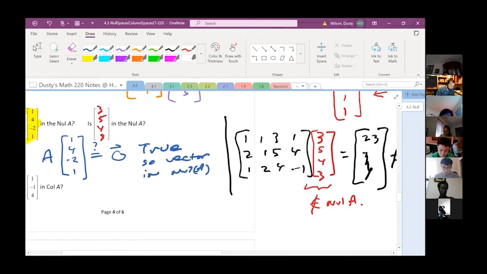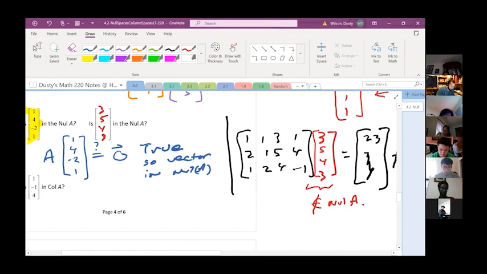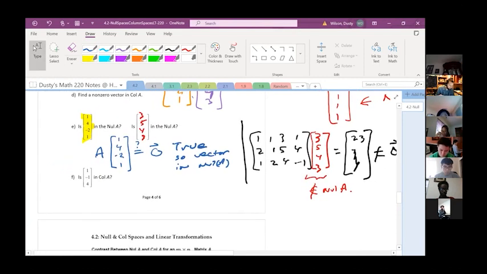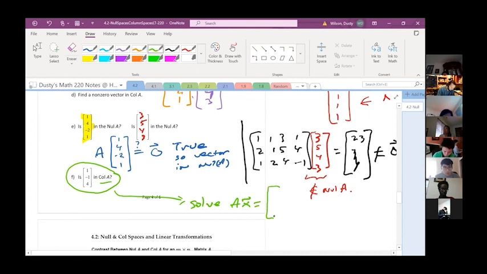So that's how you'd figure out if a vector was in the null space. If you want to know if a vector is in the column space, you're kind of stuck with row reducing. So here, if you want to know if it's in the column space, then you've got to solve AX equals this 1, -1, 4.